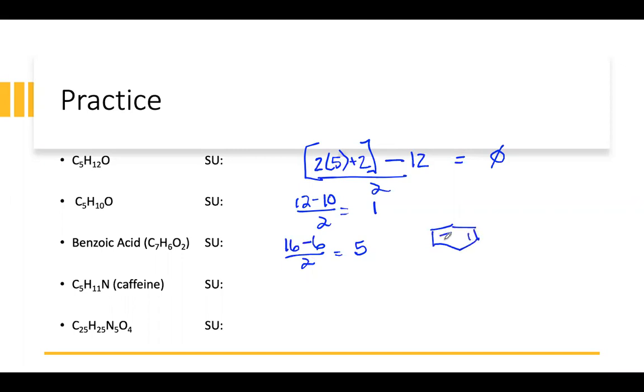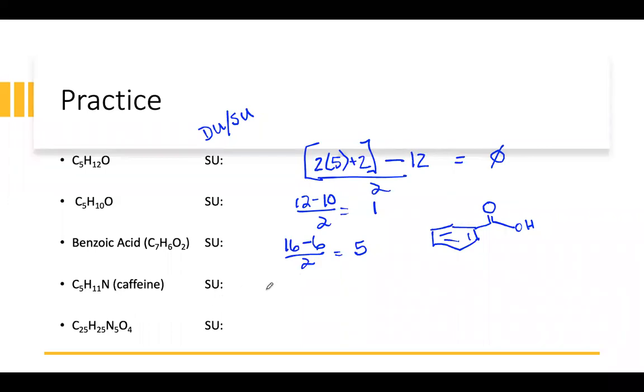But let's just take a quick look at benzoic acid. And in fact, I have 1, 2, 3, 4 double bonds and 1 ring. So every time you have an aromatic ring, that's 4 sites of unsaturation or degrees of unsaturation. You can call it SU or DU. Either one, you see them used a lot.